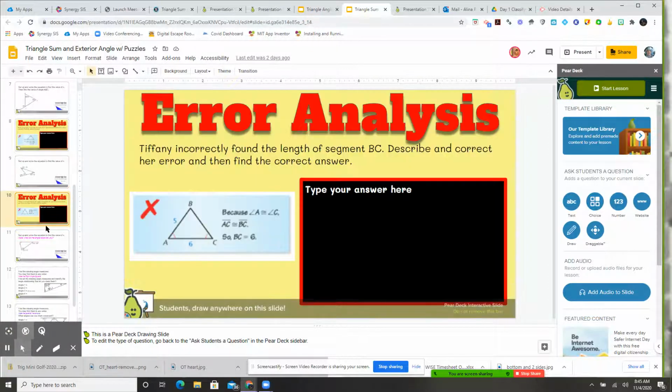Okay. What about this one? We kind of talked about this really, really briefly on the warm-up, or on the first thing we did. Because I know angle A and angle C are congruent, what two sides are congruent?